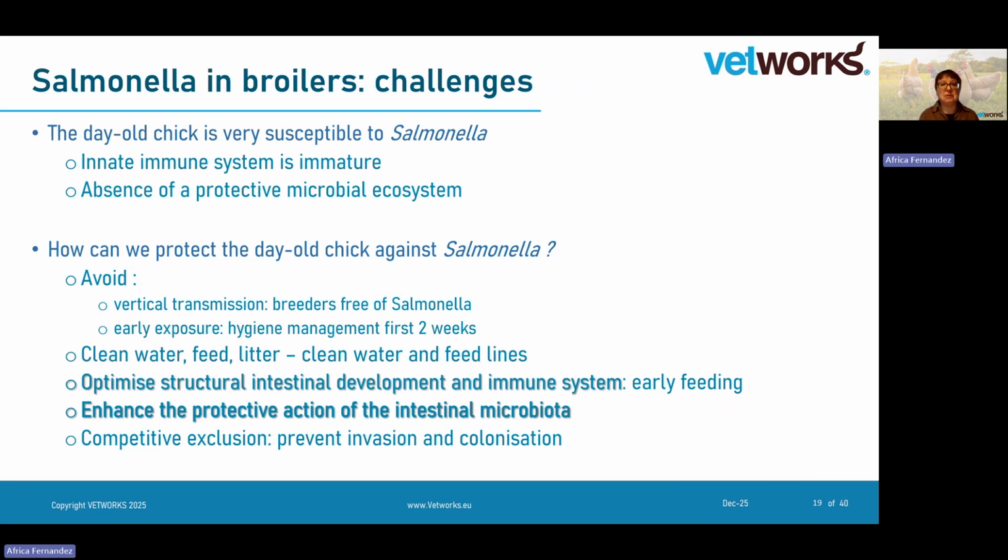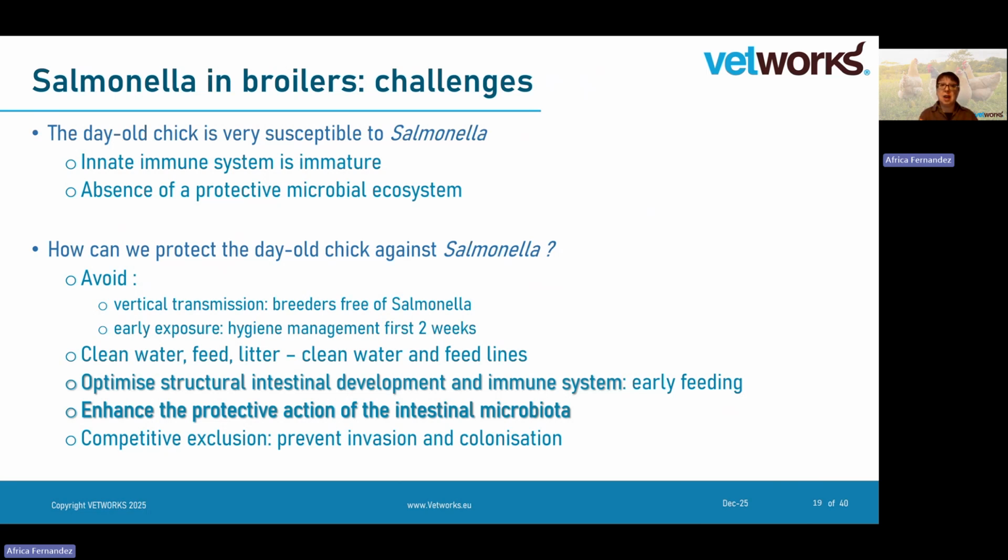This is also important for Marek's. And then clean water, clean feed, litter, clean shavings, testing, all these inputs are also very important. Optimize structural intestinal development and the immune system, making sure that the brooding is as optimal as possible.